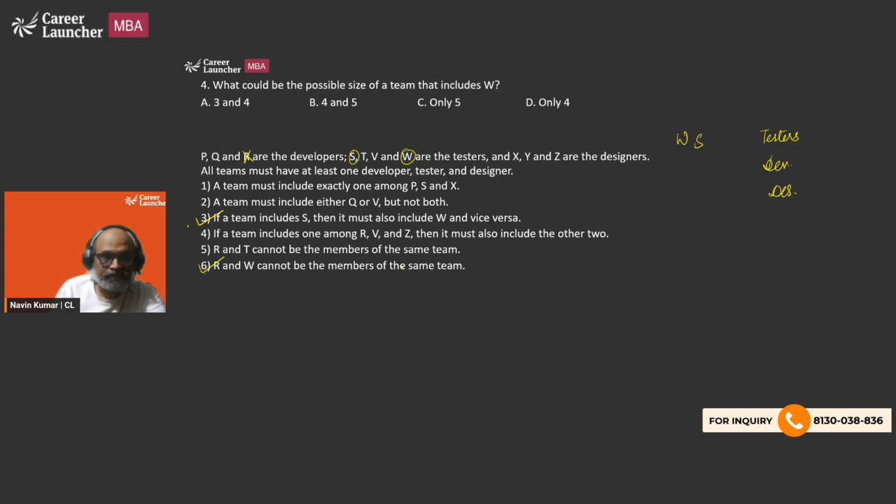Now, since R is not allowed, V and Z will also not come in. So V and Z are also gone. R and T cannot be members of the same team. So if R is not brought in, we can bring in T, and T is nothing but a tester. So that's the third tester that we are going to have. Now, a team must include either Q or V, but not both. So we are going to take Q. Q is a developer.